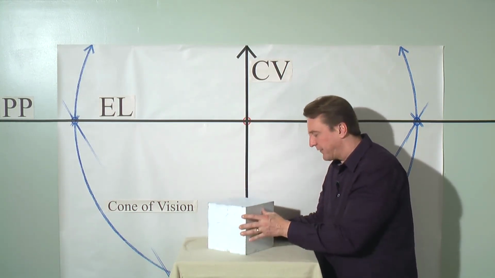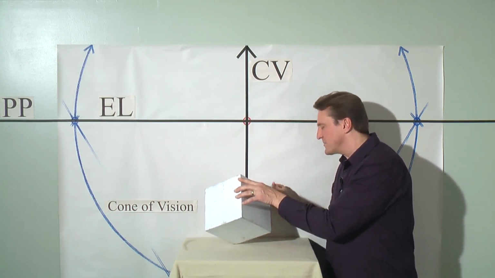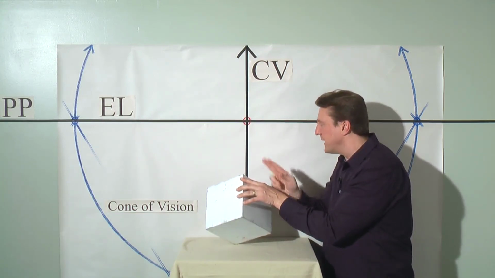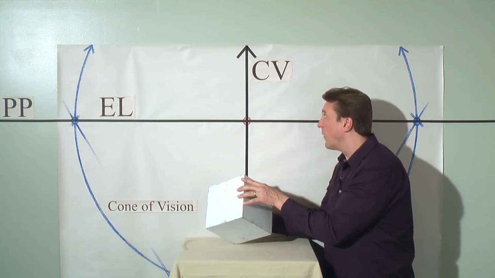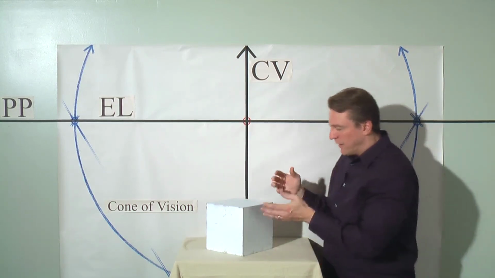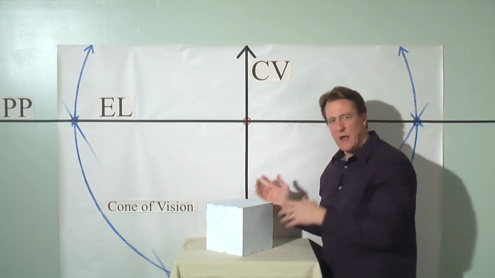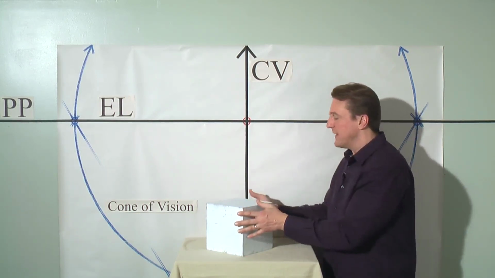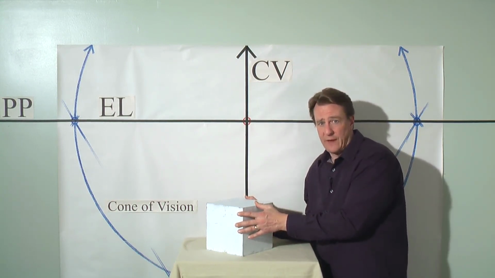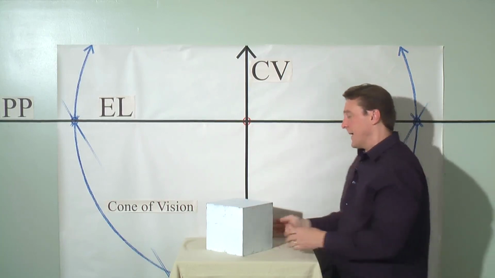If I tip it back, same thing. If I tip it straight back toward the picture plane, these verticals still tip and converge to a point up there on the center of vision. Again, that would be bird's eye and worm's eye 3-point with a simple cube. We're not changing our angle of view, we're just changing the cube so it's at a different angle of view to us, but we're staying the same with this whole basic setup here.